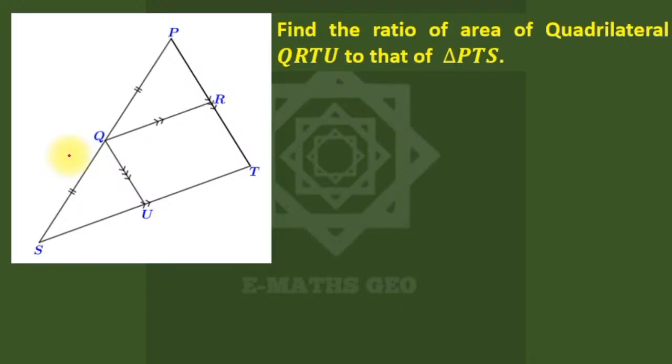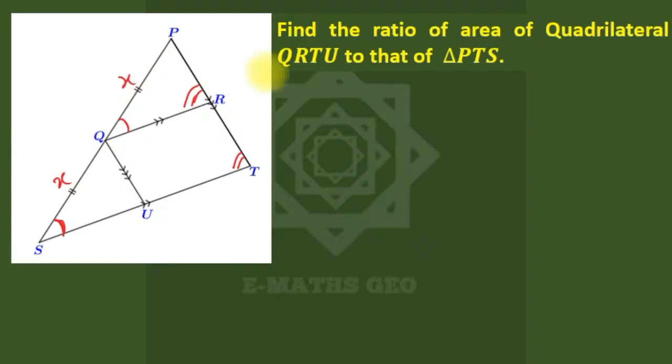As you can see, this is a parallelogram, as it has two pairs of parallel sides, and that makes these two angles equal by the corresponding angle theorem. This also corresponds to that. And from here we see that this is the same as this, so if we call this x, this is also x.